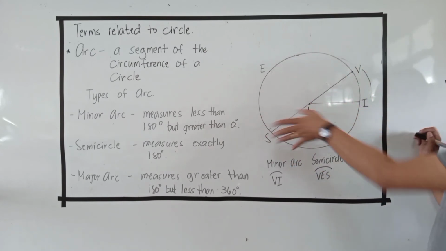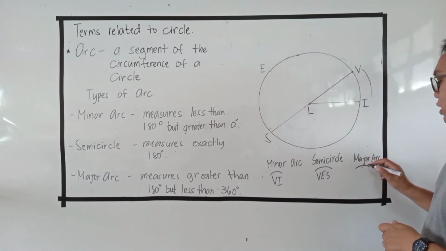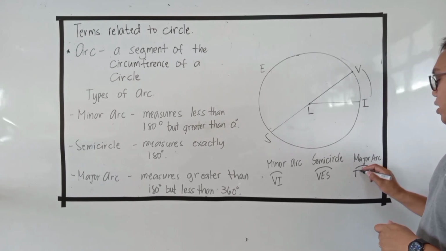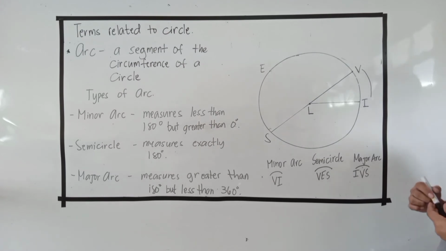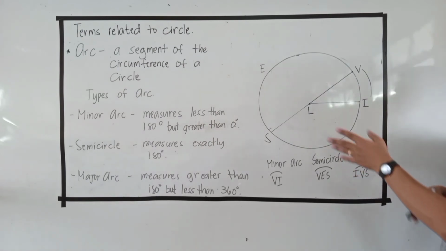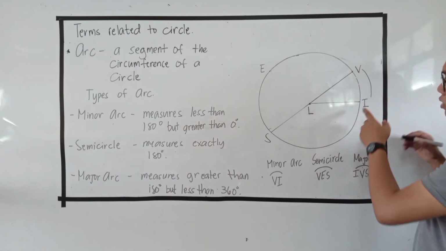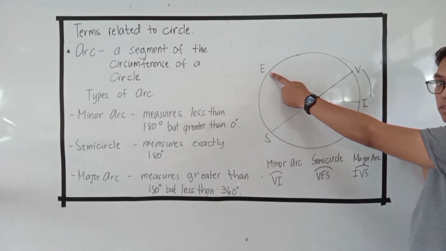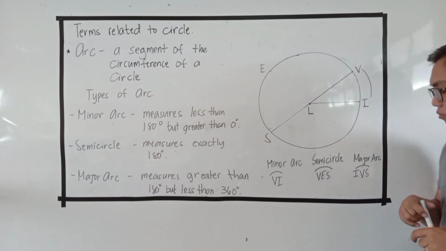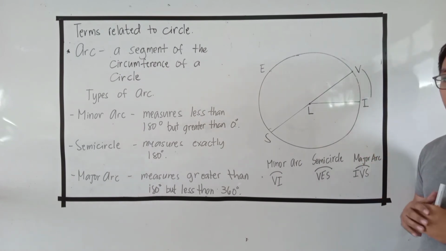They are running into the same point. So we're going to use again 3 letters. We have I, V, S. We can also measure clockwise: I, S, E. Okay? So these are arcs on the circle.